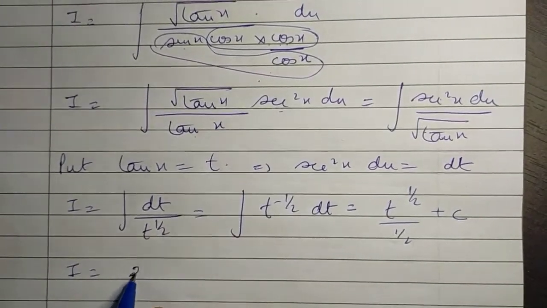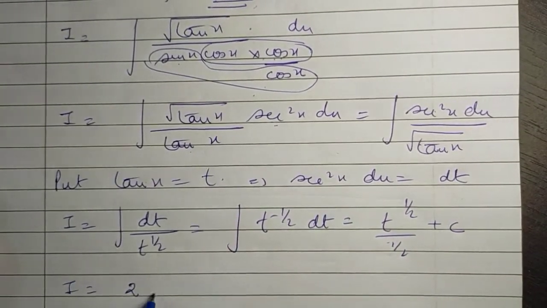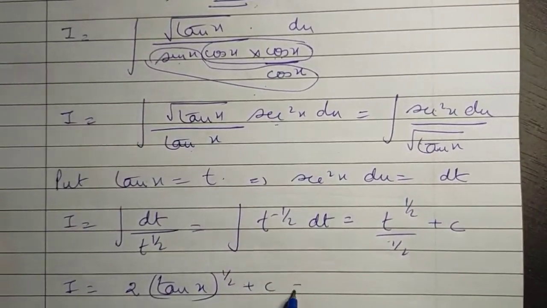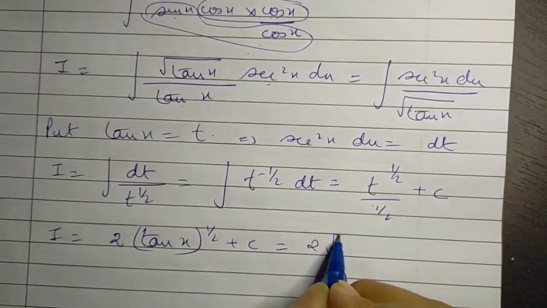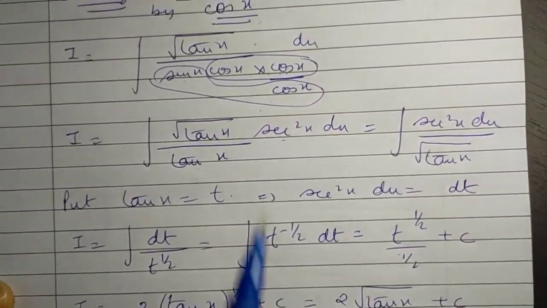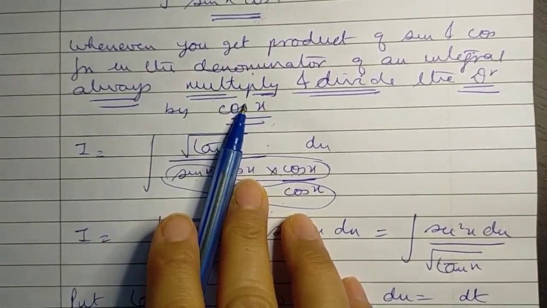Substituting back, we get 2, t is tan x, and so we get 2 tan x raised to the power half plus c, or you can write it as 2 under root of tan x plus c is the answer. So this is a rule which you have to keep in mind always.